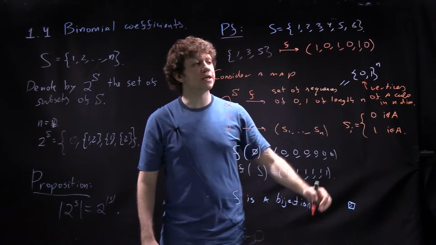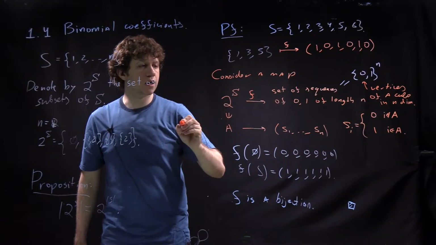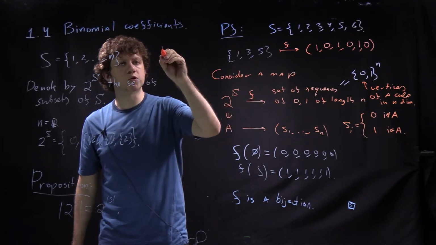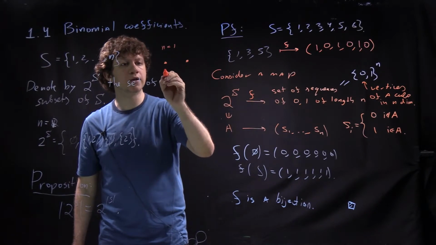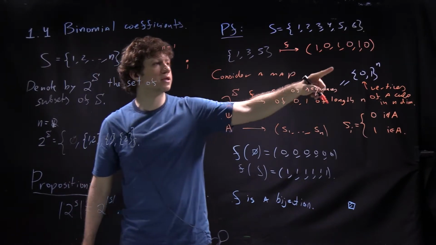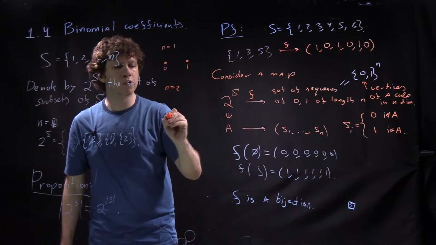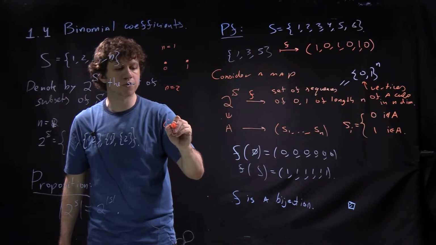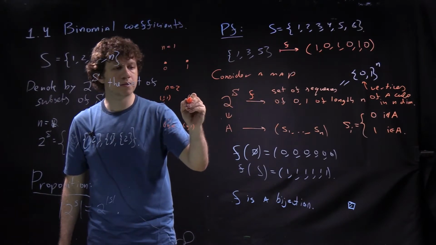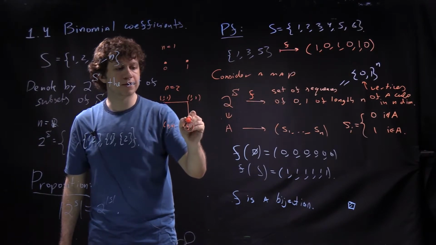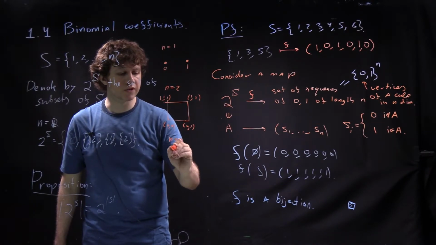The reason is that if you try to draw the picture, in the case n equal to 1, you get just 2 points, 0 and 1, and I think of these as Cartesian coordinates. If I do n equal to 2, I get 4 points, (0,0), (0,1), (1,0), (1,1), and that gives me a square. For n equal to 3, that will obviously give me a cube.